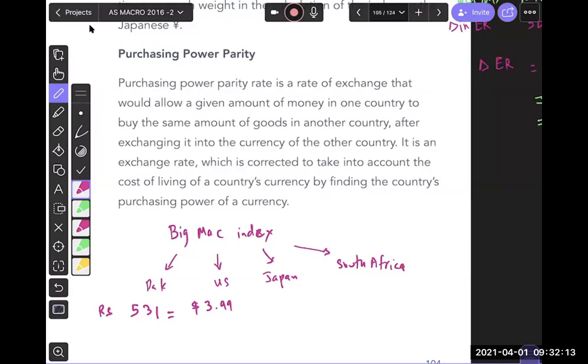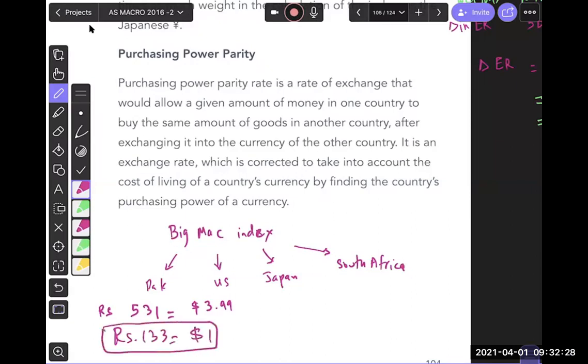So 531 divided by 3.99 is 133 rupees. 133 is equal to $1.